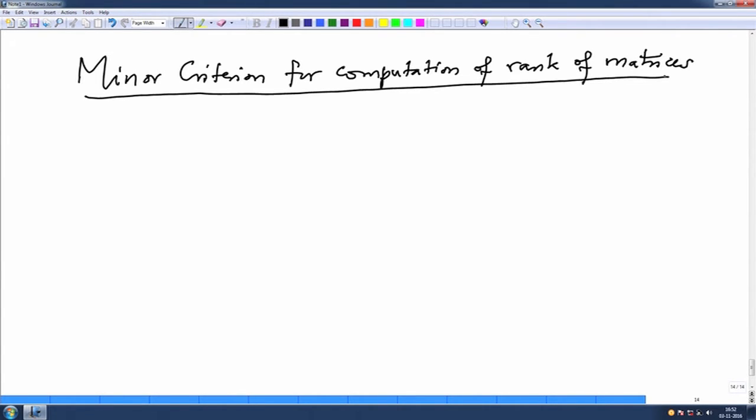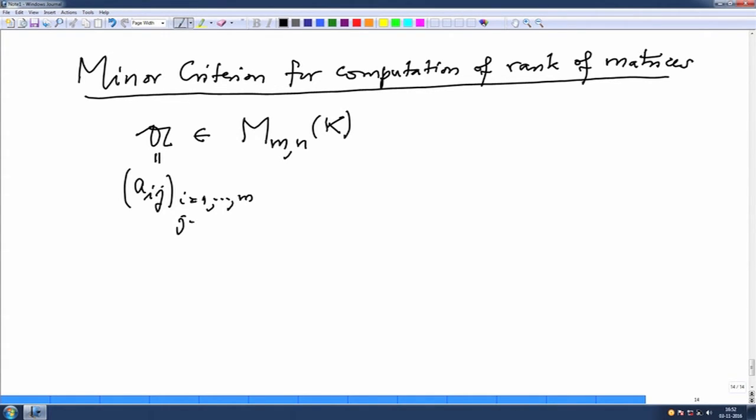So, first let me recall what a minor is. When you have a matrix, now you can take a general matrix. A is a matrix with m rows and n columns, and let us write this as A_ij, where i is running from 1 to m and j is running from 1 to n.